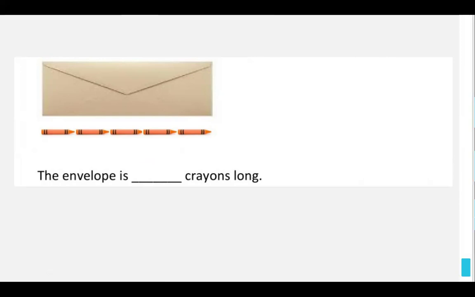Okay, how long is the envelope using the crayons? Let's count. 1, 2, 3, 4, 5. So the envelope is 5 crayons long. So these are examples of non-standard units, using objects to measure other objects.